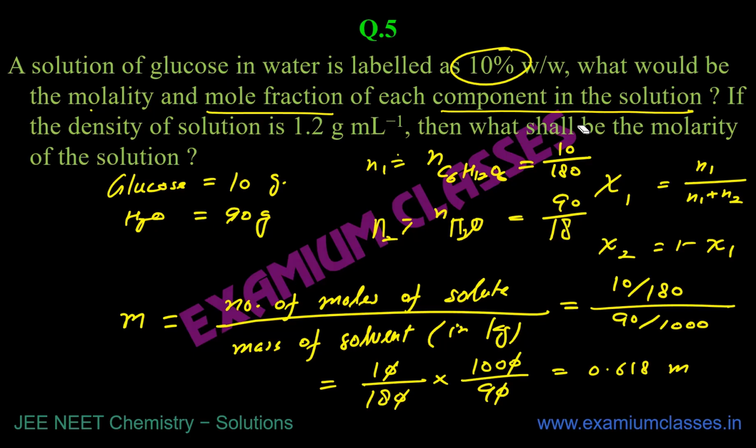Then the next part is what will be the molarity if the density of the solution is this one. What do we basically need extra for molarity? We need volume of the solution, and density is given. So obviously from mass you can calculate the volume of the solution. But my question is, and you will respond in the chat box, what will you consider when you calculate the volume, whether you will consider 10 gram, 90 gram, 100 gram.